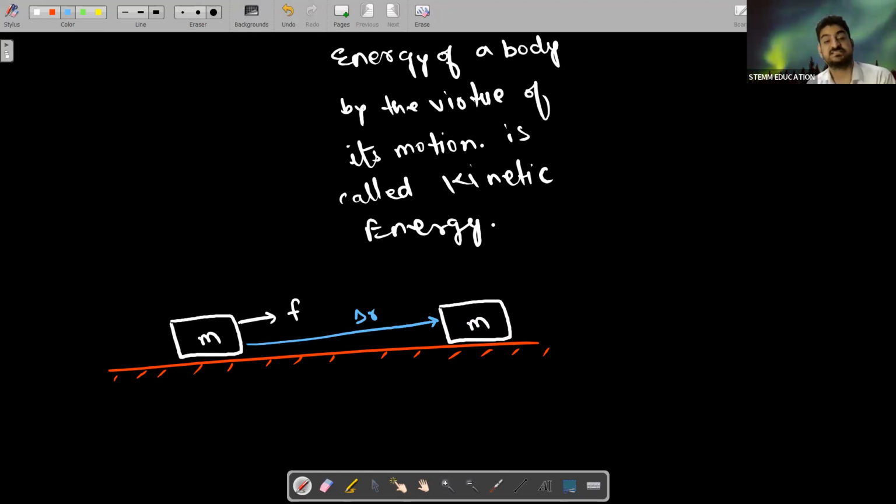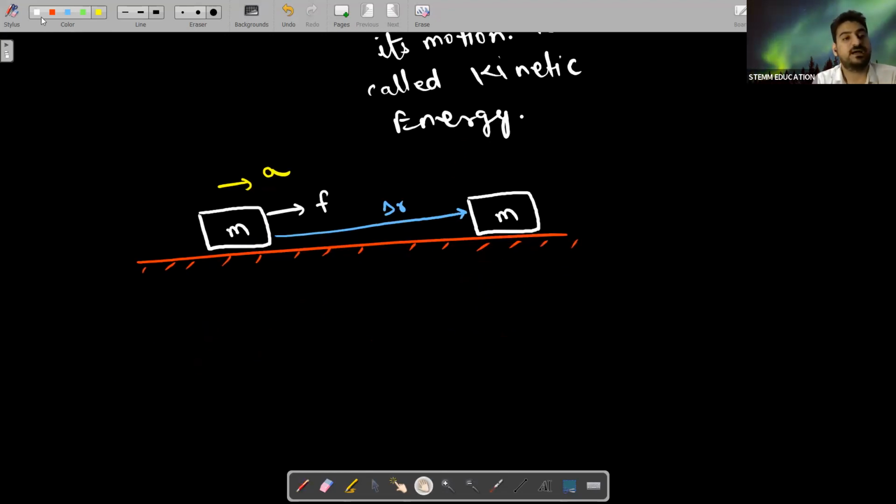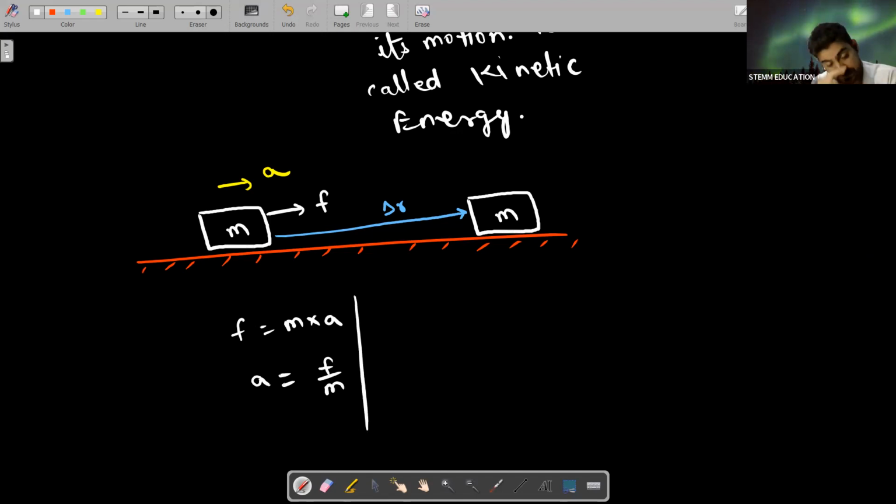Delta r is the displacement. And while the body would be moving, it would be having an acceleration a. So if we remember, we know that force is equal to mass into acceleration. So what would the acceleration be? It would be F upon m, right? So that would be the acceleration. What would be the initial velocity of this block? It is 0, and the final velocity would be v.